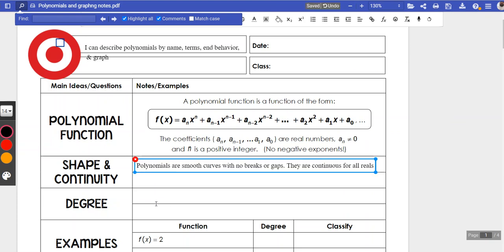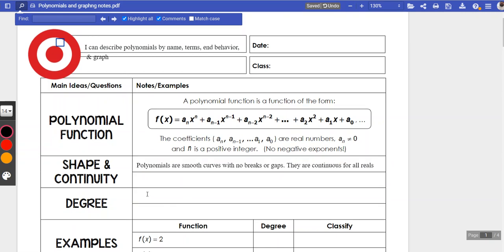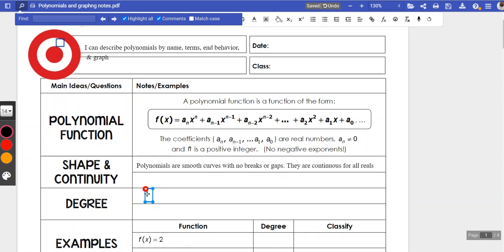Now, a degree is the highest exponent a polynomial has. All right. So the highest exponent is the degree.